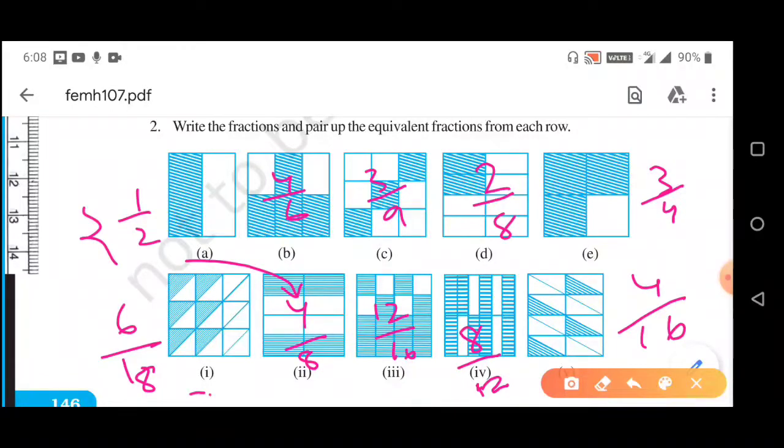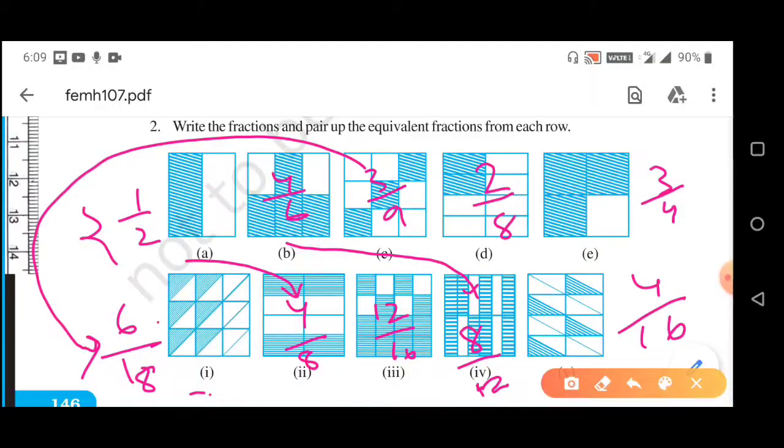If we consider 4 by 6, it can be paired up with 8 by 12, because if we multiply 4 by 2 and 6 by 2, we will get 8 by 12. Now 3 by 9 can be paired up with 6 by 18. We can multiply 3 by 2, it will be 6, and 9 by 2, 18.